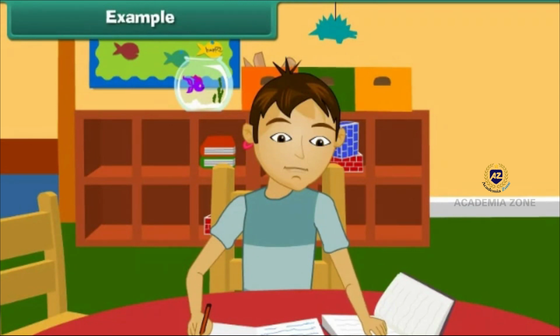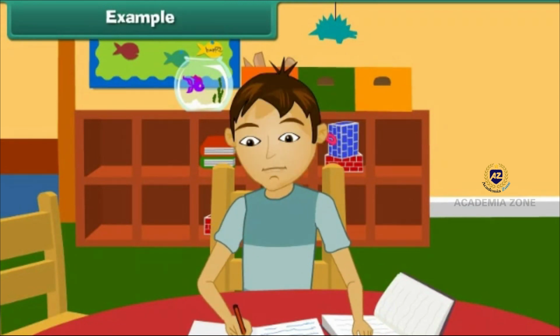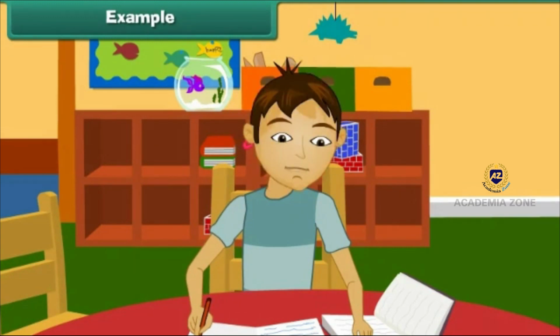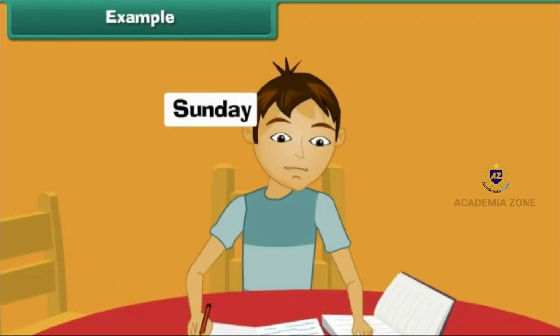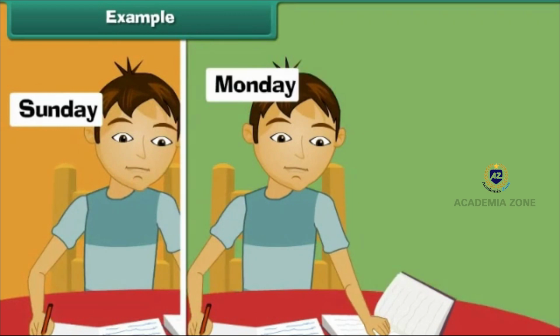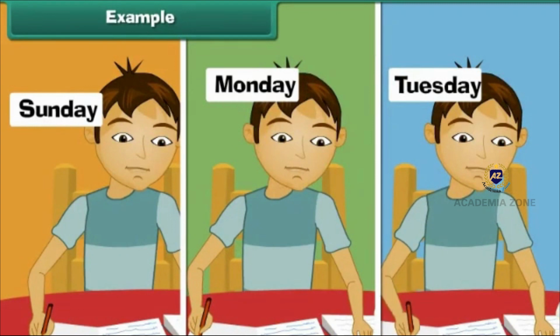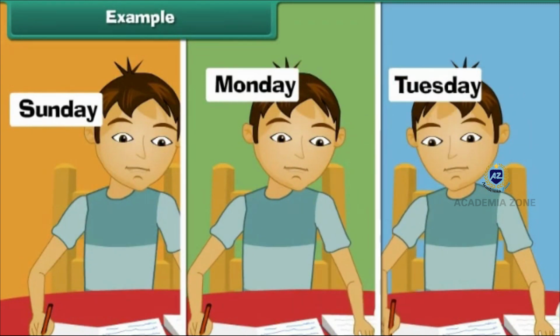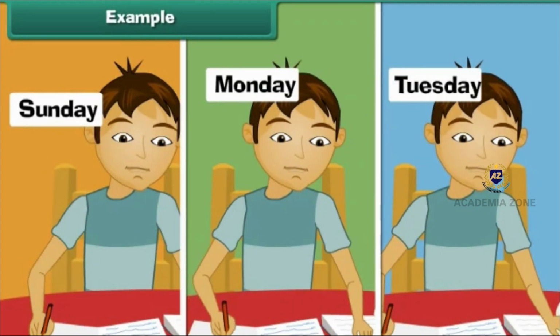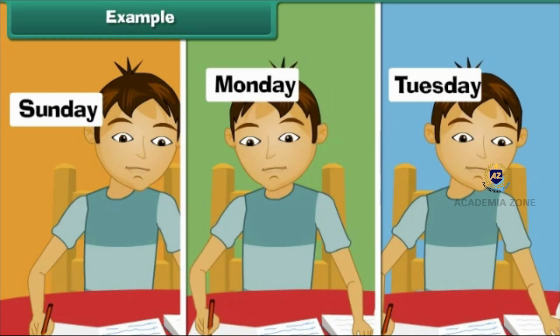Example. Sumit did 12 questions of mental addition on Sunday, 9 on Monday, and 8 on Tuesday. What is the total number of questions done by Sumit in 3 days?